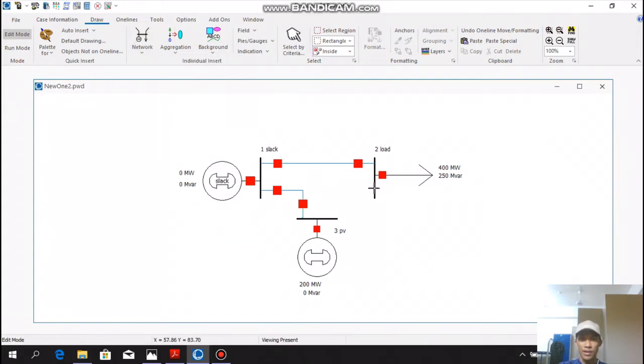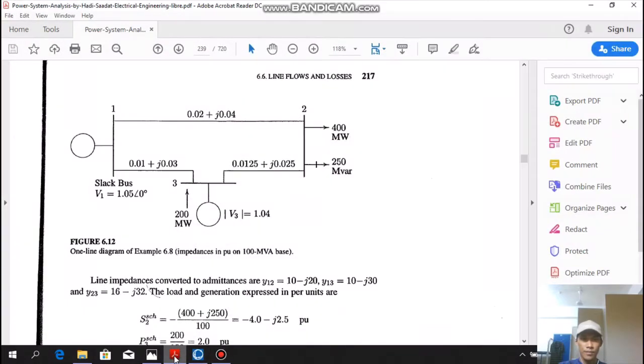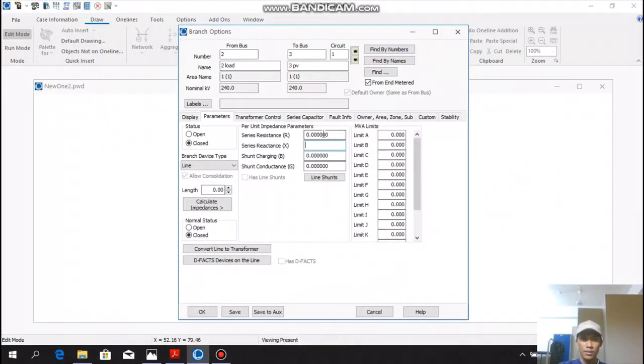Then the transmission line 2 to 3, 0.025 and 0.0.